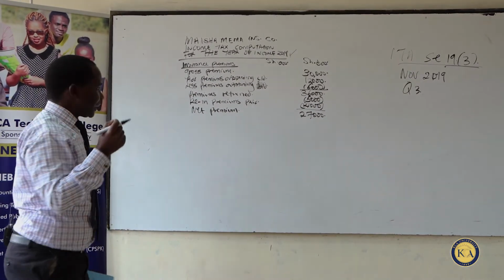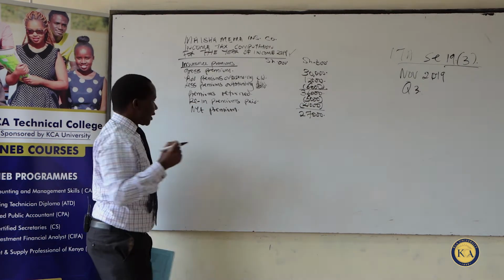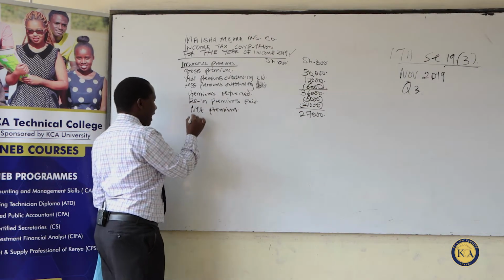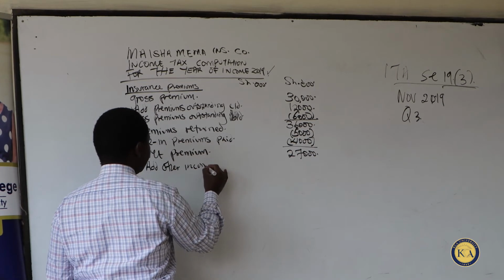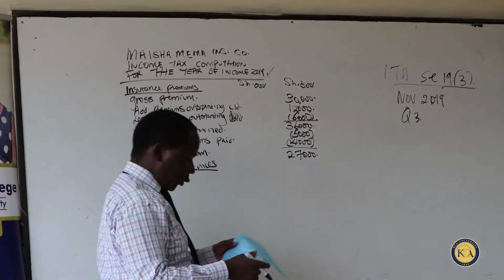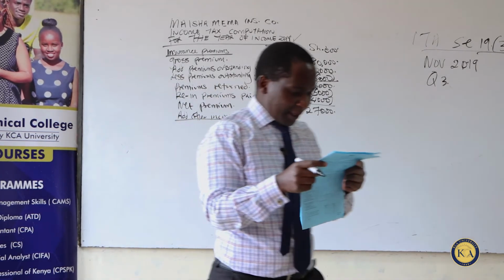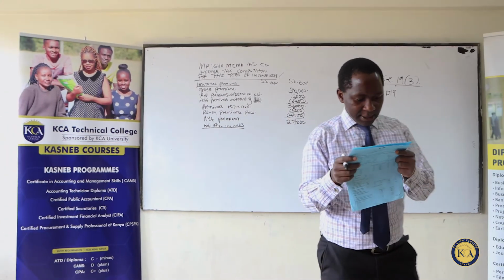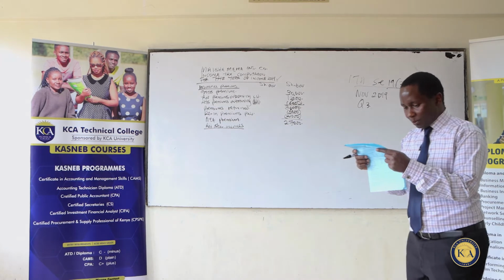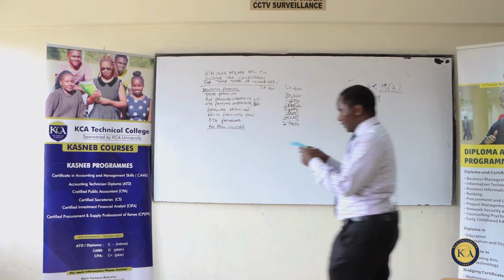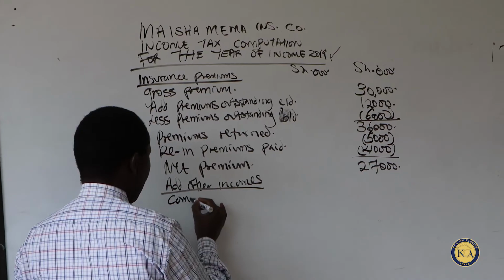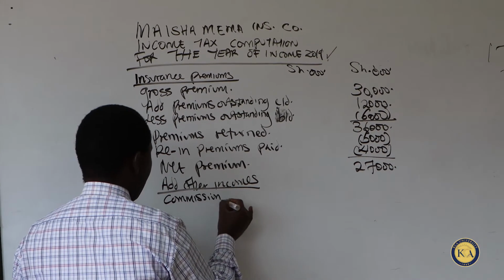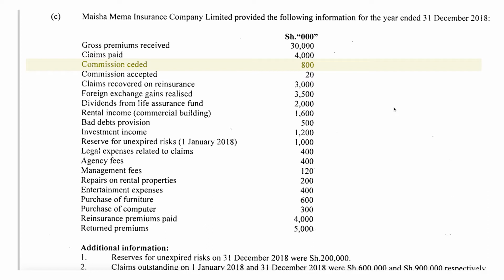After arriving at this net premium income, we are going to now add other incomes. And we go through the question to see whether there are other incomes that are taxable. Now, one of them is commission on reinsurance ceded.